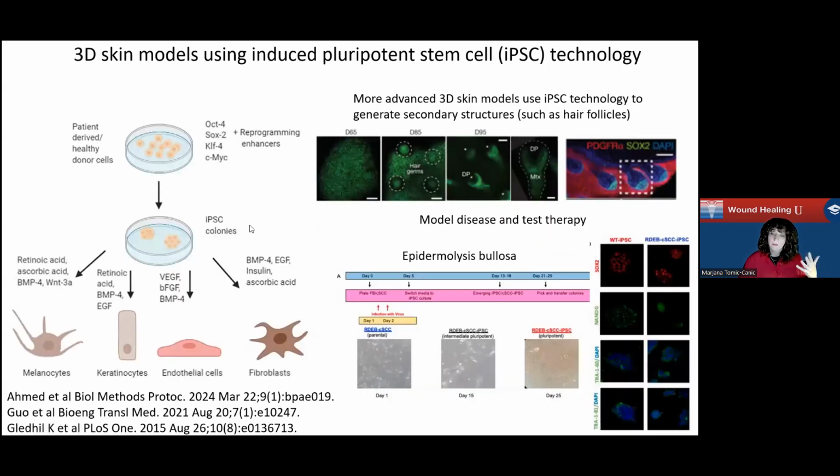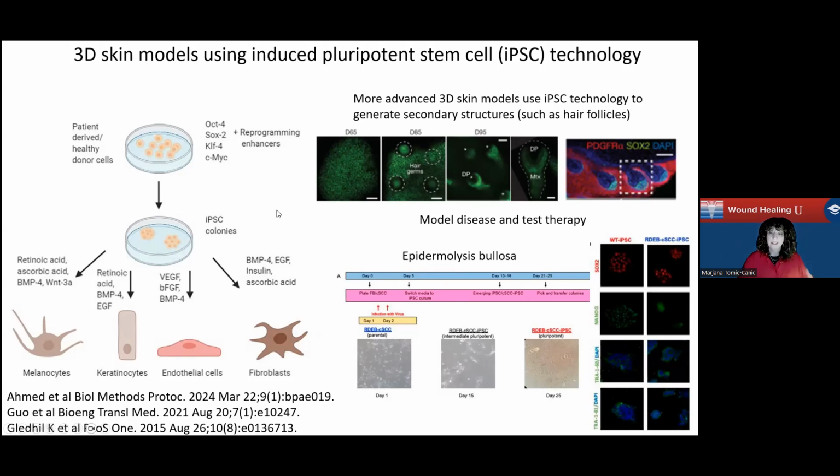And I will just briefly mention, I cannot go into this, the complexity of 3D skin models has been flourished by induced pluripotent stem cells technology, where you can, from these IPC cells, generate various types of skin cells coming from the same origin, and of course include neurons, include melanocytes and so forth, some even hair follicles and so forth.